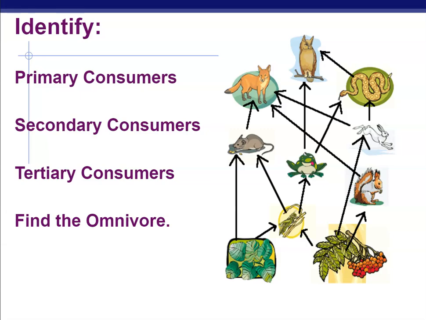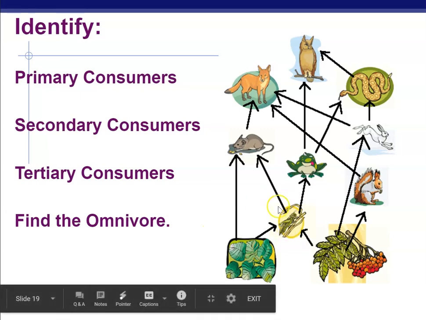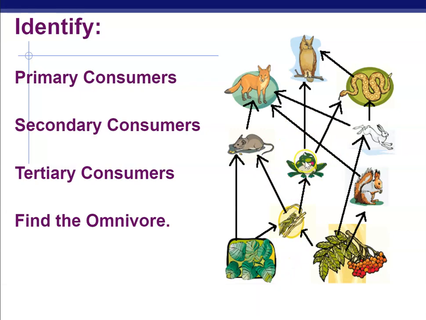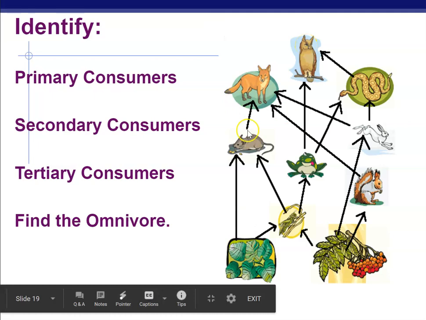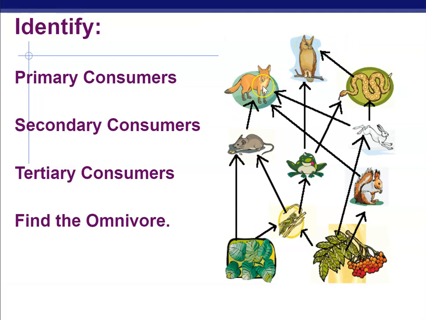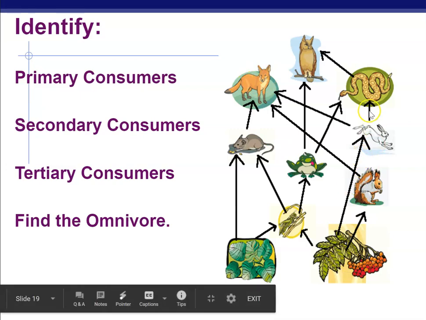Tertiary, if you look at the owl and you go from the grasshopper to the frog, so this is primary, secondary, tertiary. Primary, secondary, I guess that just goes to secondary. Here you can do primary, secondary, tertiary. So sometimes it depends which line you follow.